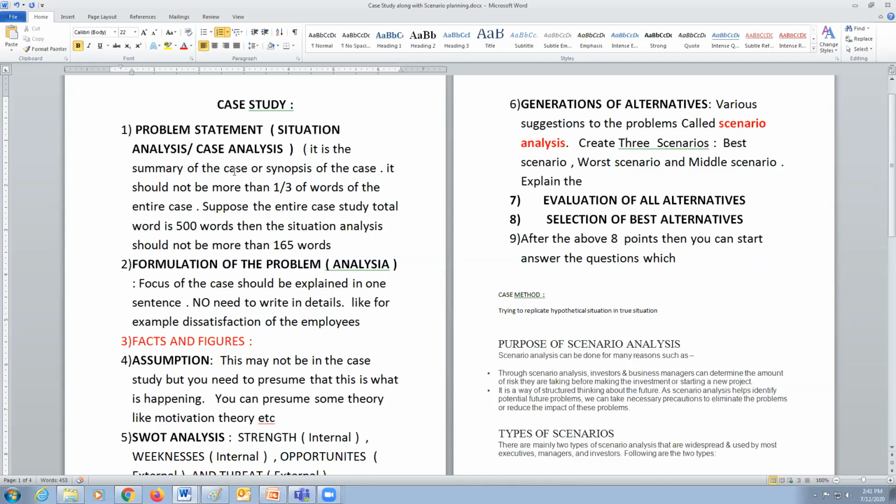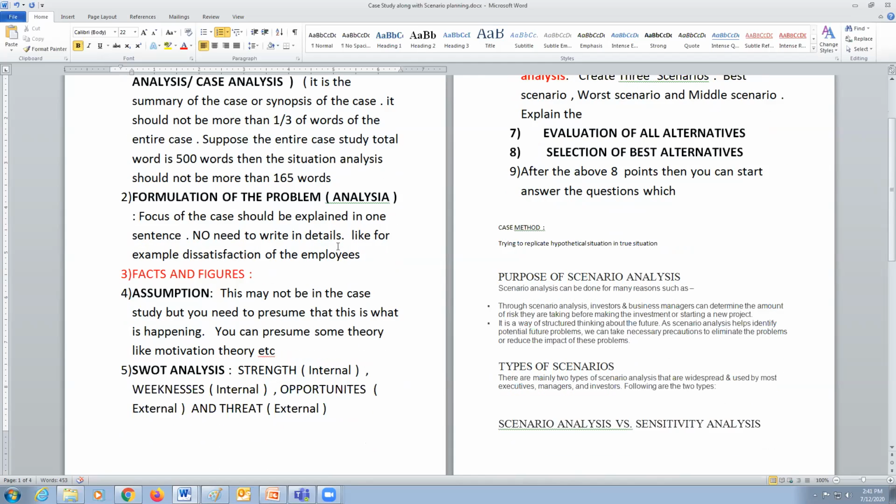It is the summary of the case or synopsis of the case. It should not be more than 1/3 of words of the entire case. Suppose the entire case study total is 500 words, then the situation analysis should not be more than 165 words. Right?